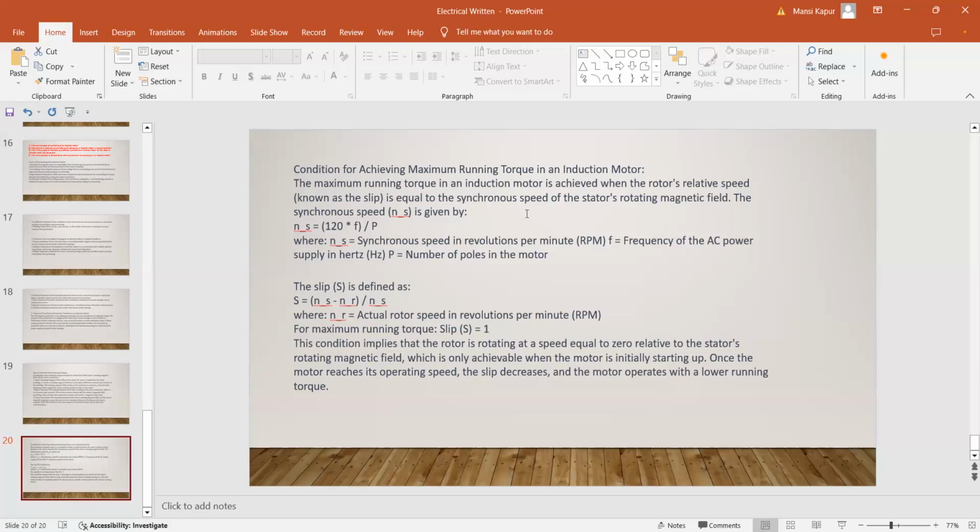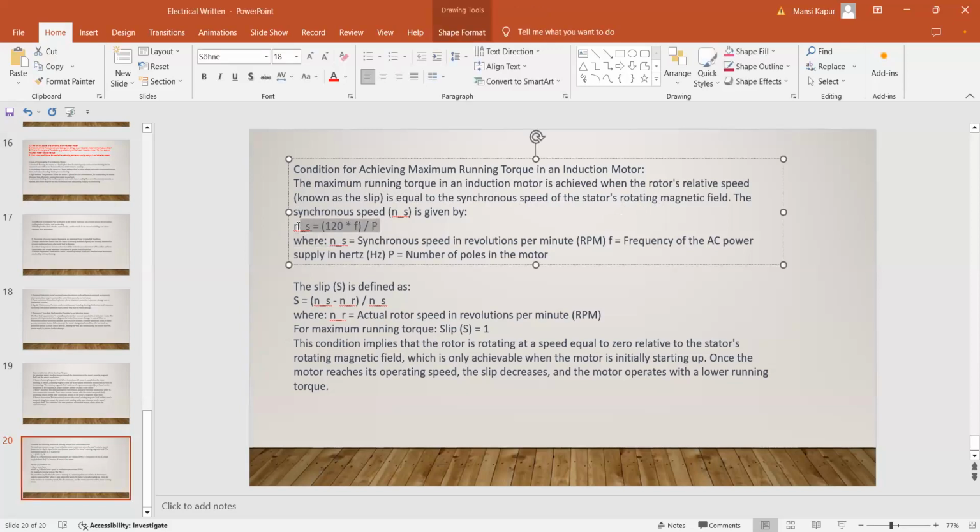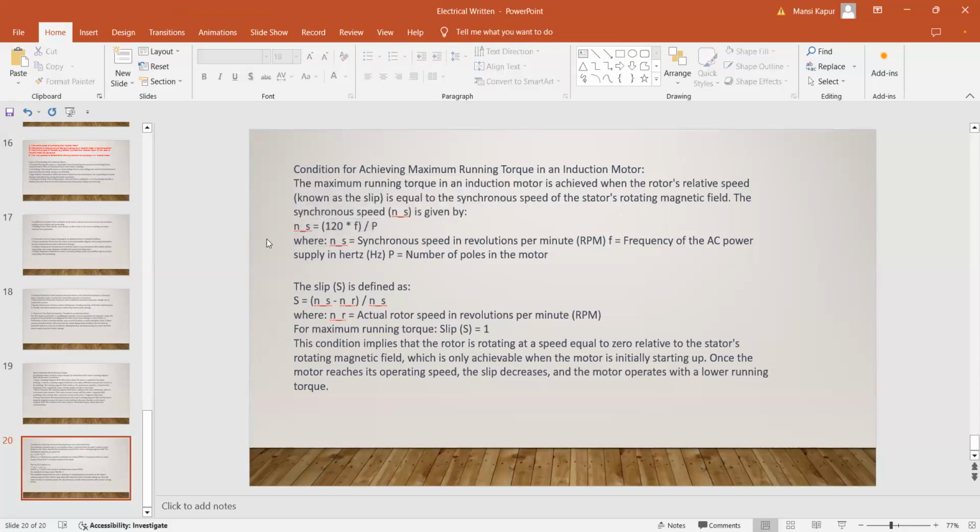So when your motor is running equal to the synchronous speed of the stator rotating magnetic field, then it will generate the maximum torque. So how do you calculate the synchronous speed? Ns equals 120 times F by P. This is the formula we studied in our 12th standard, right? I hope everybody is aware of this formula.